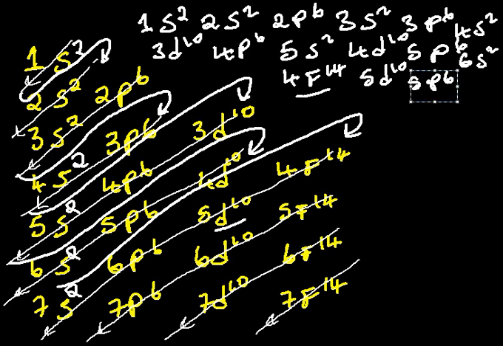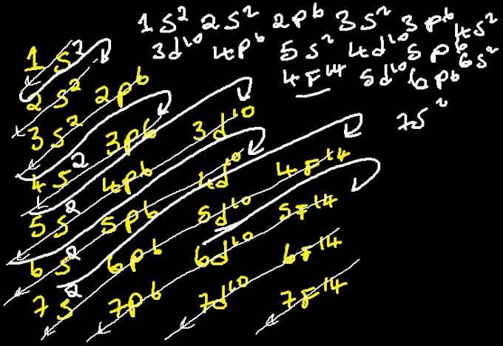We can have it as 6p6, like that. And I'll have 7s2, and we also enter again up to that point.